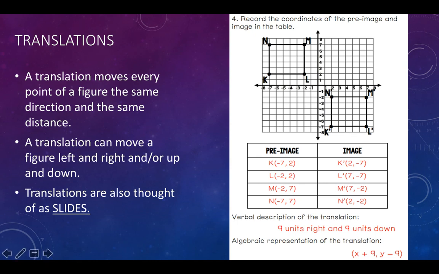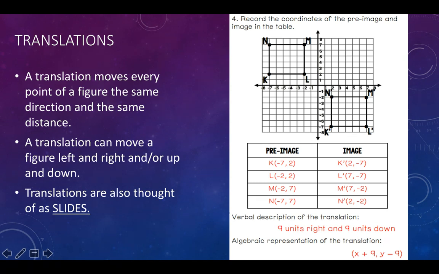So if we went to, let's say, the point L, and we had to perform this translation, we'd have to move 9 units to the right, and you're going to count a full box. 1, 2, 3, 4, 5, 6, 7, 8, 9, and then you're going to count down. 1, 2, 3, 4, 5, 6, 7, 8, 9, right?